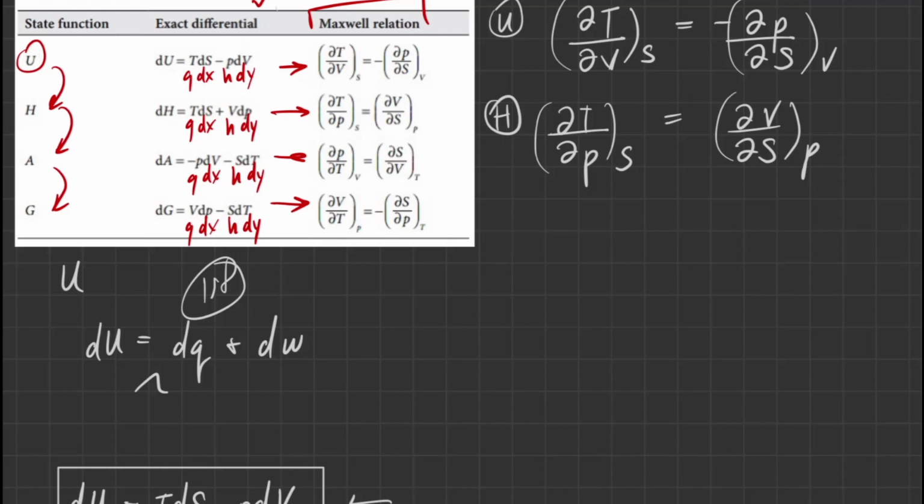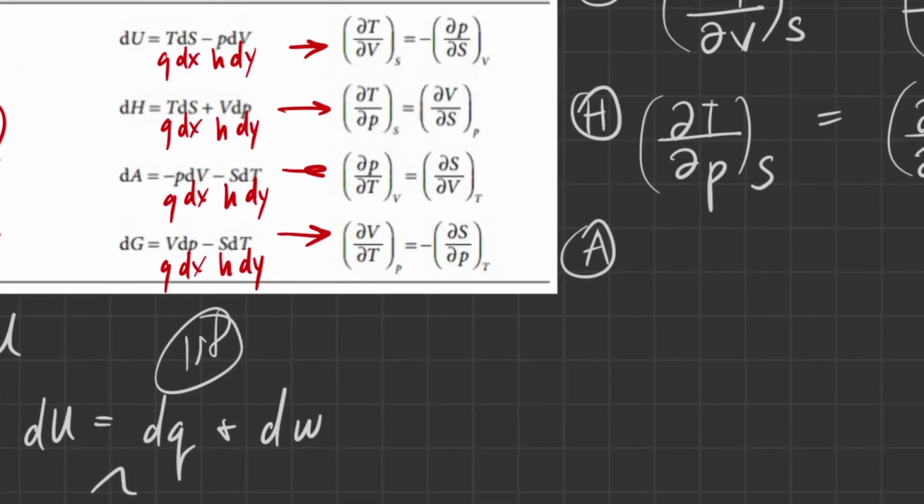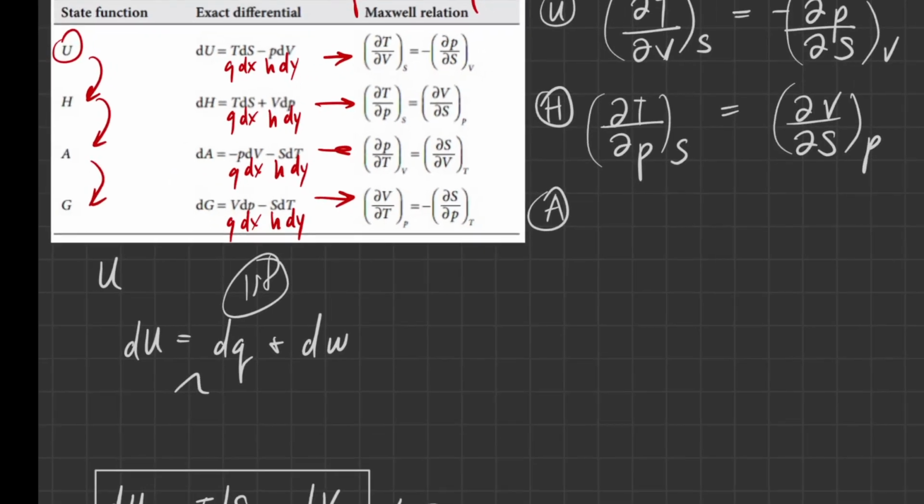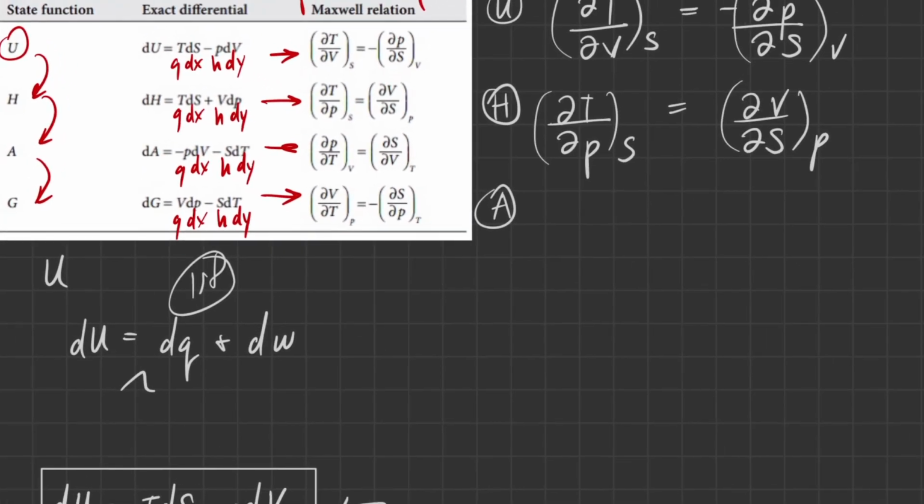Okay, and then the Helmholtz. Notice that there are two negatives, so those will just cancel out, and we can evaluate it as a positive Maxwell relation.